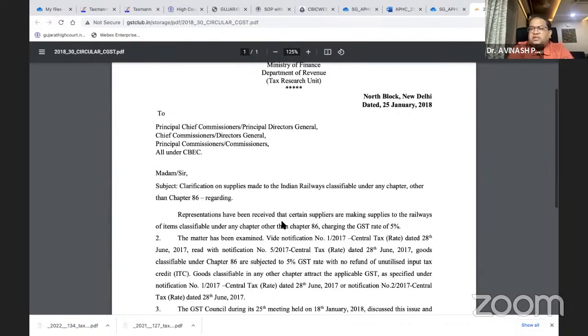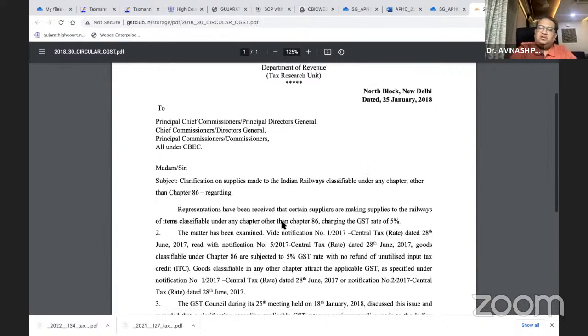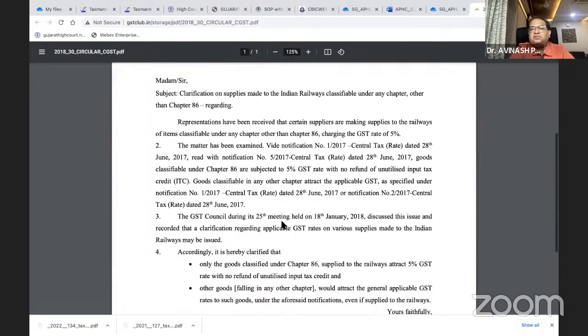So all those supplies which are being made in any chapter other than chapter 86, the clarification is given in this circular. It says representations have been received that certain suppliers are making supplies to the railways of items classifiable under chapters other than 86, charging the rate of 5% GST.